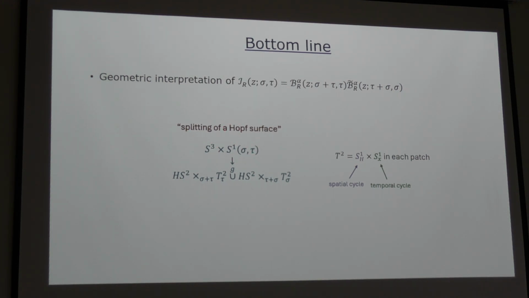It's what's known as a Hopf surface. And this separation into hemispheres gives me a hemisphere times a torus. If you carefully do that, you find that the complex structure moduli translate into moduli of the tori that arise in the splitting.